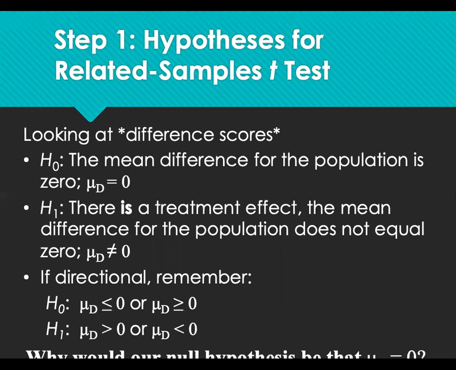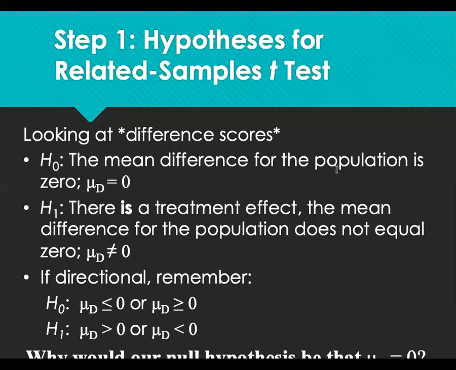So again, we're going to imagine that every individual in the population is measured on the two treatment conditions we're interested in, before and after. And then a difference is computed for each individual, right? So they're going to have a number of headaches before the intervention, and then a number of headaches after the intervention. And we're going to calculate the difference.